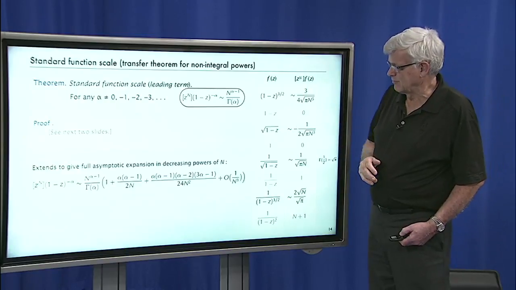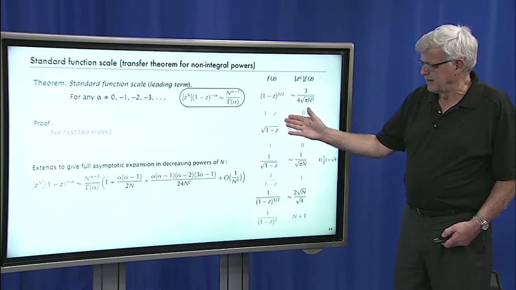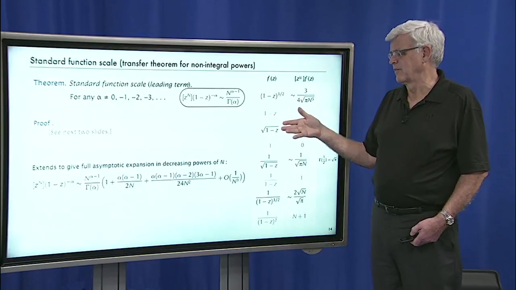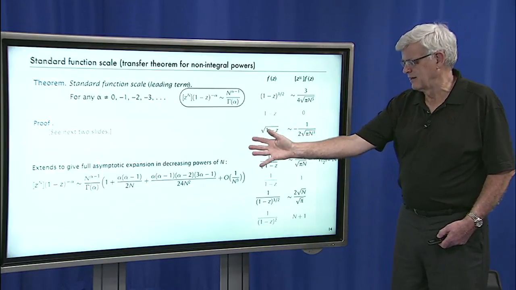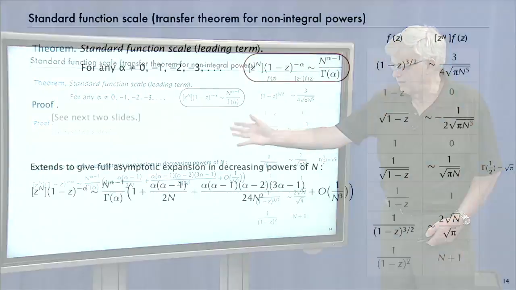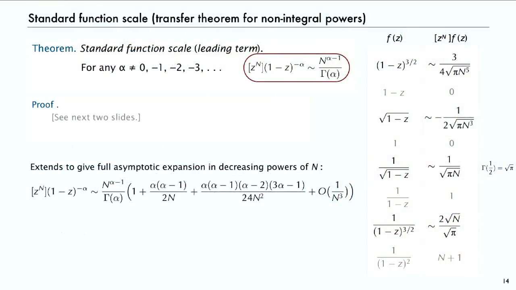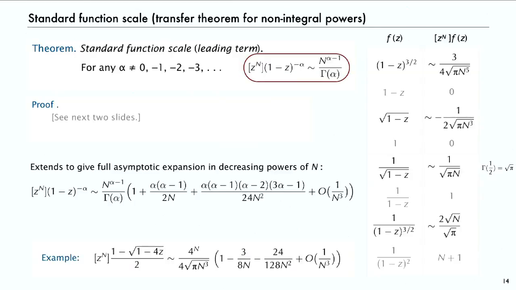So that's very powerful and very useful. And again, the proof of the theorem extends to give a full asymptotic expansion in decreasing powers of n with that leading term, n to the alpha minus 1 over gamma of alpha. So it's a very generally applicable and powerful theorem.